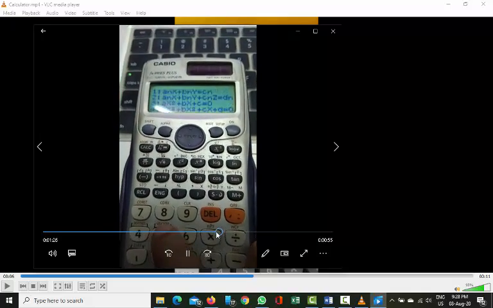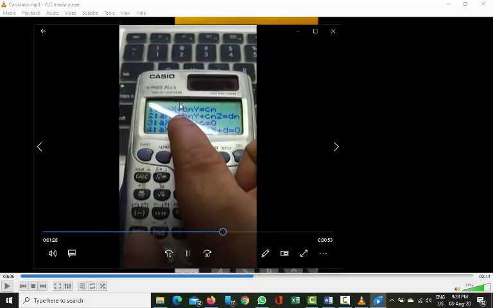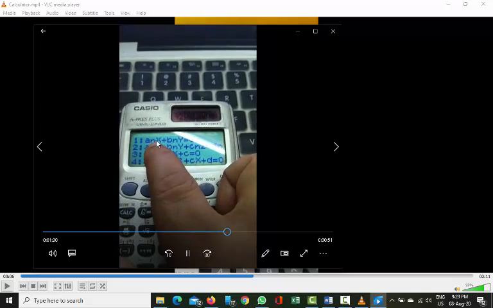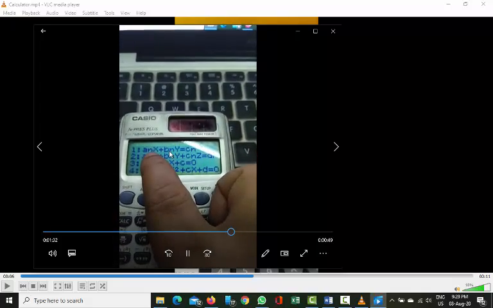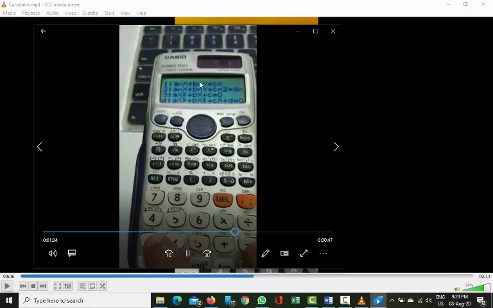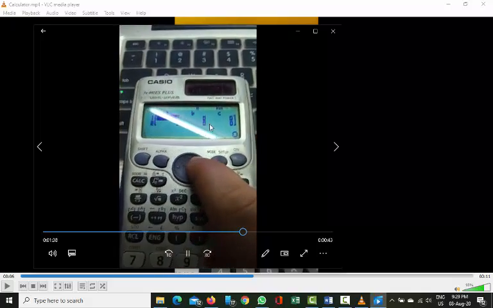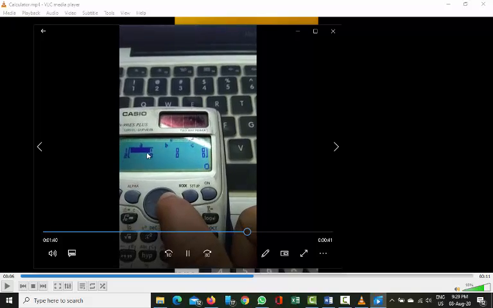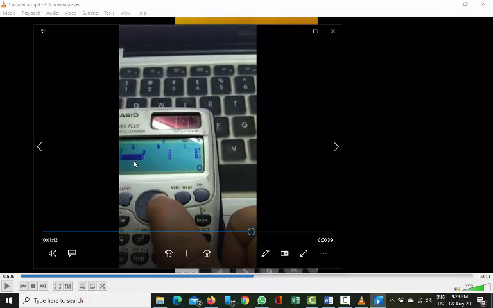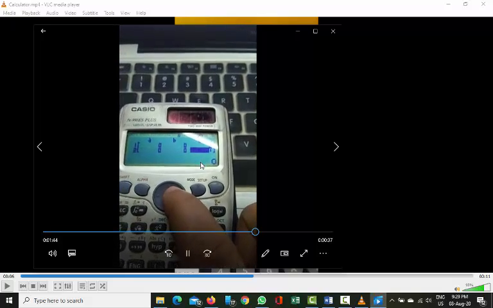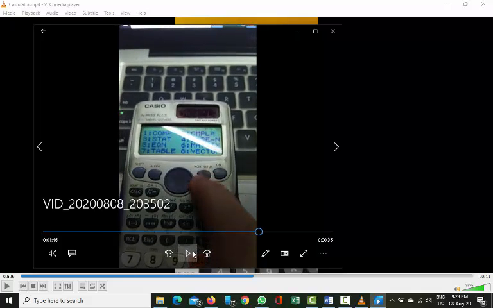If you are using this form of calculator, you will choose number 1, because in number 1 we have two variables. If you choose number 1, you will have these things, and you will put the values of a, b, c, and in the second equation you will put the values of a, b, and c.